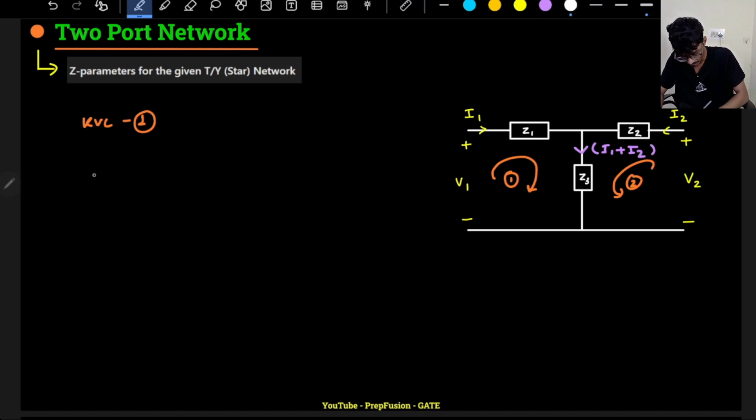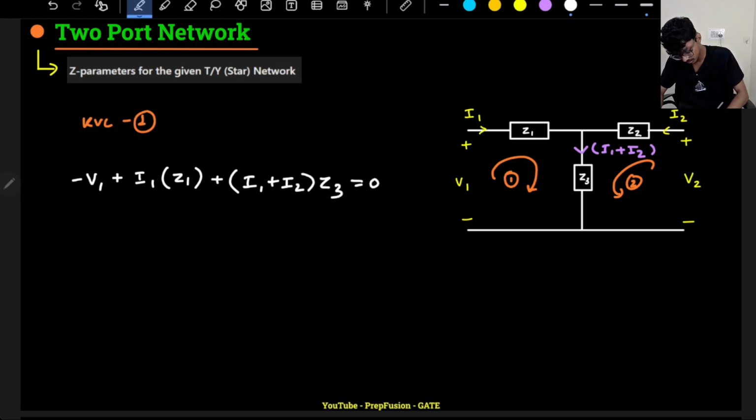So my voltage minus V1 plus I1 into Z1 plus (I1 plus I2) into Z3 equals 0.